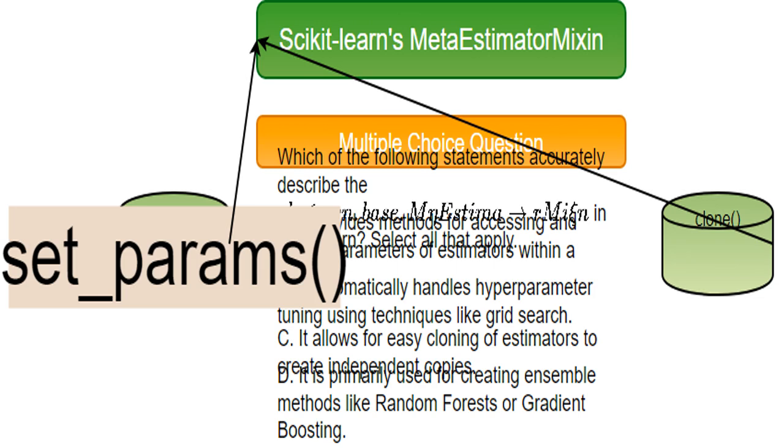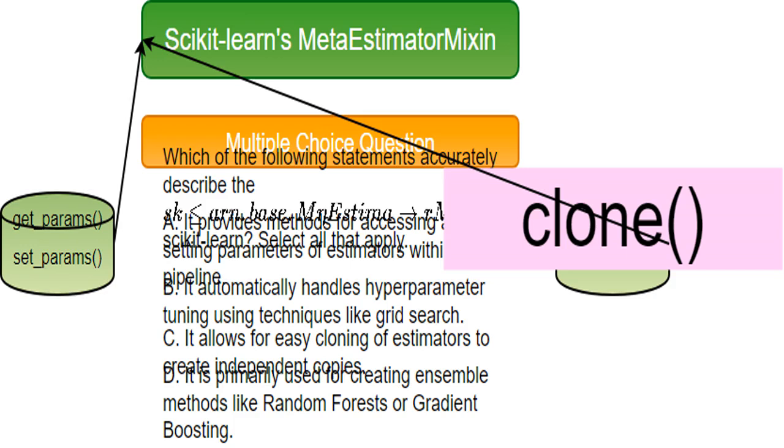For example, if my estimator is a decision tree, I might use set_params to adjust its maximum depth. This method, provided by MetaEstimatorMixin, creates an exact copy of an estimator. This is essential if I need to make changes to an estimator without affecting any existing models using that estimator. It's like making a perfect backup.